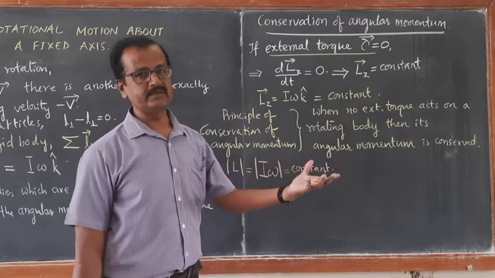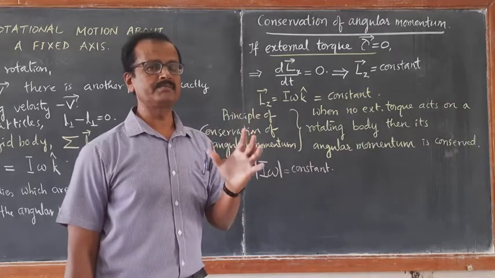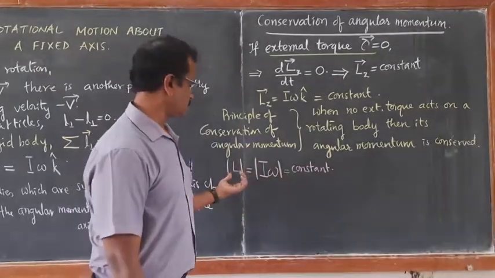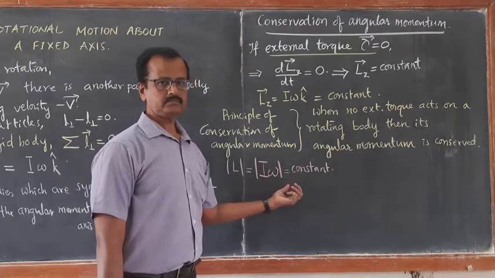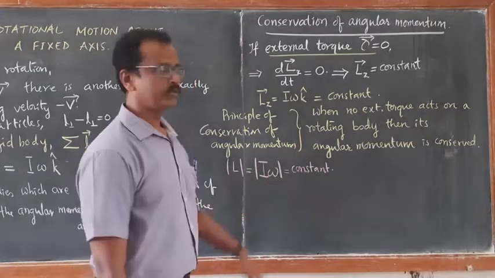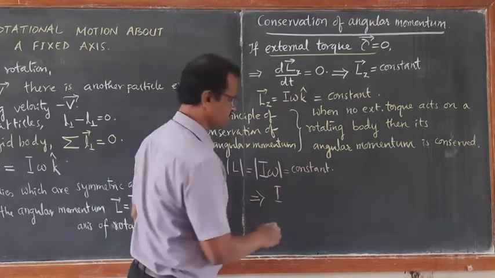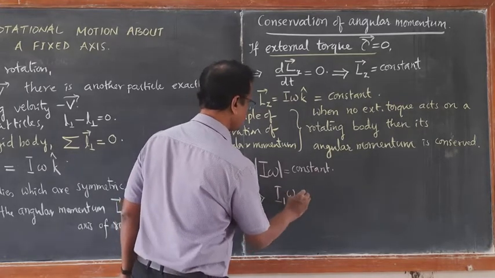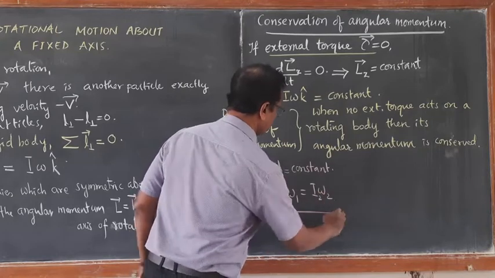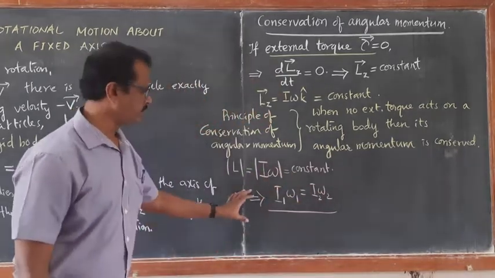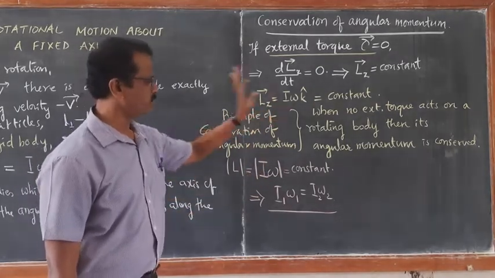After a certain instant, if the moment of inertia becomes I2, then the angular velocity becomes omega 2. The conservation of angular momentum reveals that the product I1 omega 1 must be equal to I2 omega 2. The moment of inertia changes in such a way that the product always remains constant. Not only the magnitude remains constant, the direction also remains constant.